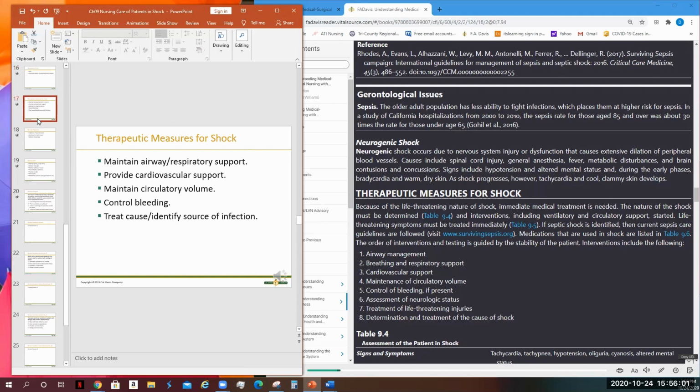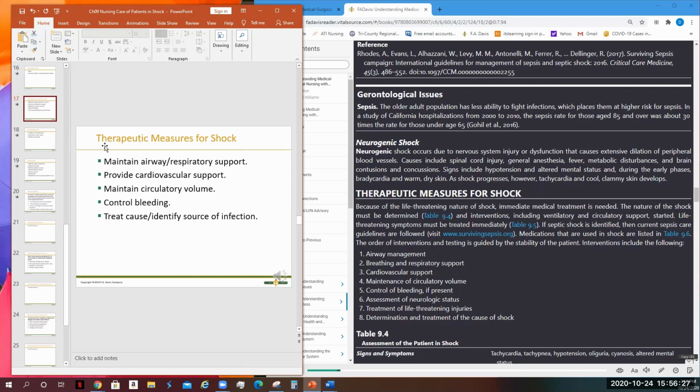Life-threatening symptoms must be treated immediately. If septic shock is identified, then current sepsis care guidelines are followed. Medications that are used in shock are listed in Table 9.6. The order of interventions and testing is guided by the stability of the patient.